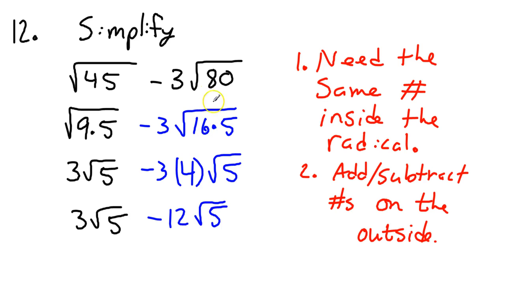Okay, so you pulled out the 16 to make it 4. Do 3 times 4 to get 12, and now you can actually add or subtract the numbers on the outside. With 3 minus 12, that's a negative 9, and the square root of 5 just hangs out on the end of it.